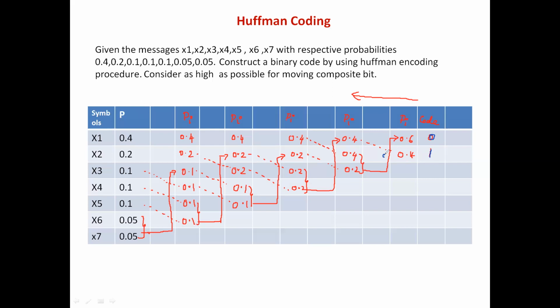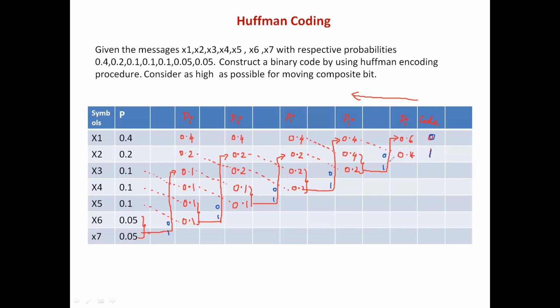Here also, for all combined values, I will take it as 0, 1. Whatever I am writing in blue color is nothing but your codes. So 0, 1. Now what to do?